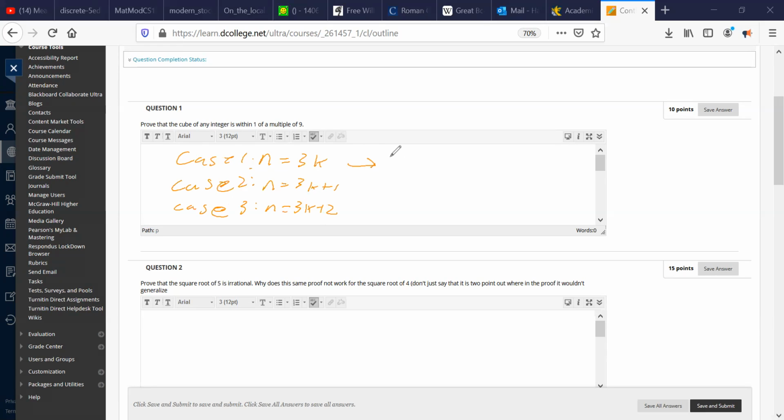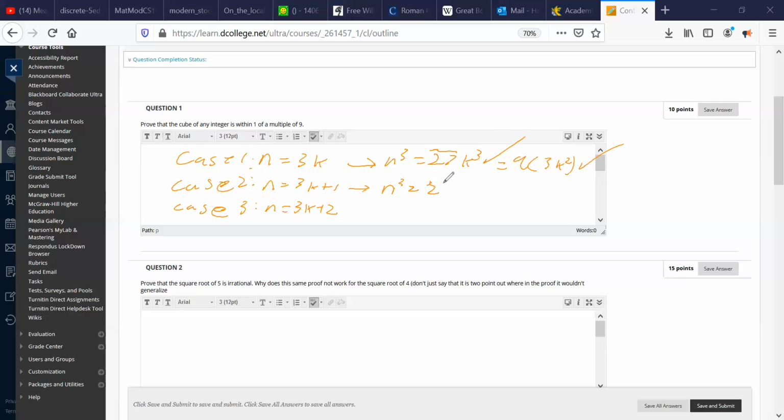Then n cubed is equal to 27k cubed. 27 is a multiple of 9, so this is a multiple of 9. So 9 times 3 times k cubed. So that works. In this case, then n cubed is equal to, so what do we get?